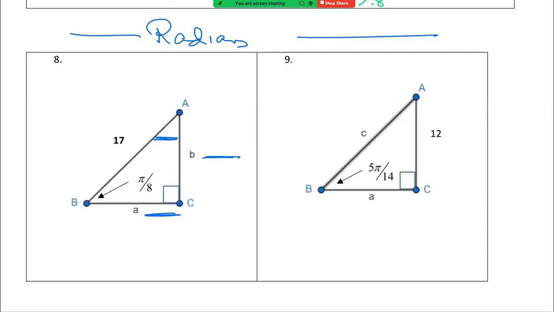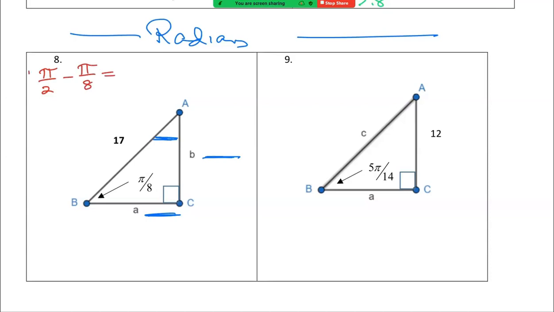Okay, missing angle. Just like above, the two acute angles add to 90. 90 in radians is pi over 2. So to find our missing angle, I'm just going to say pi over 2, that's 90, minus pi over 8 equals the missing angle.